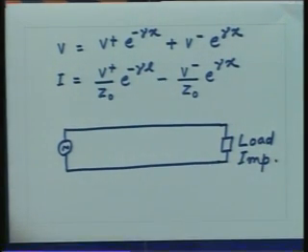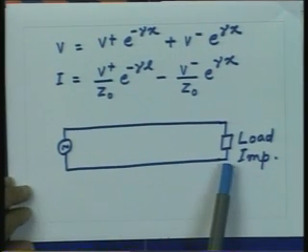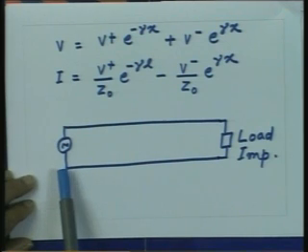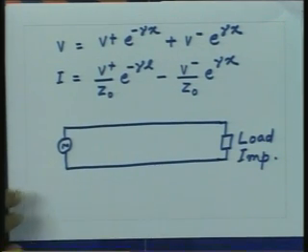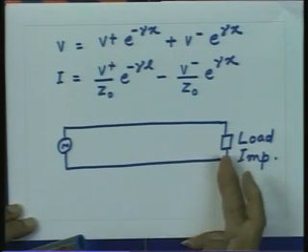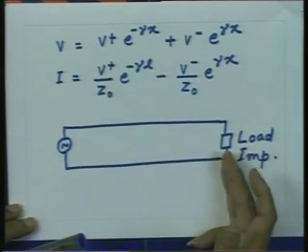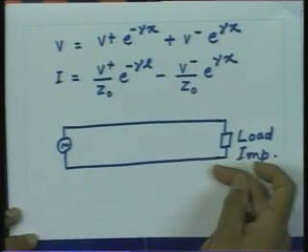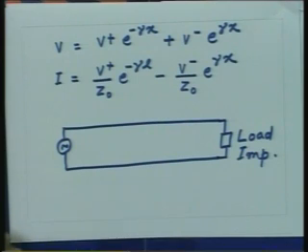So, when I define the boundary conditions for this problem, either I can define the origin at this location, which is at the load end, or I can define the origin at this location, which is at the generator end. Generally it is preferred to define the origin at the load end. So, we define this point as the 0 location, and then all distances are measured towards the generator.